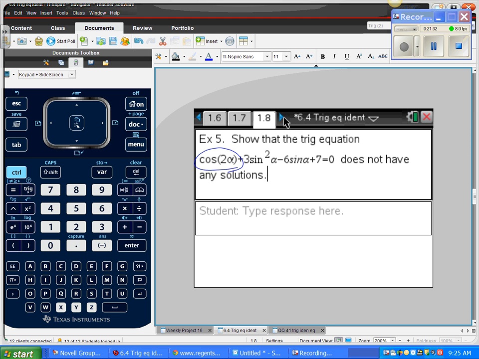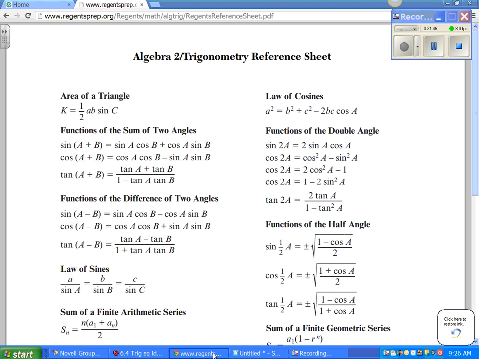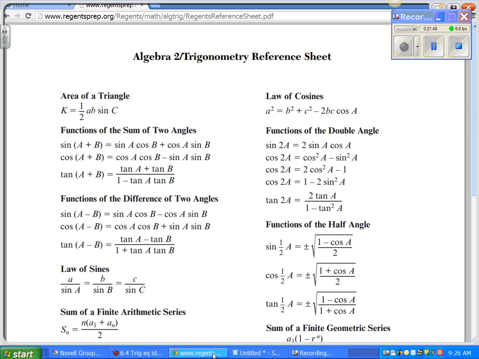Yeah, cosine of 2 alpha, right? That can be replaced. That's one of our identities. You're looking for identities. Now, how many options do we have for cosine of 2 alpha? I have 3. Which one am I going to want to use? Yeah, the one with sine, because I want everything up there to be in terms of sine. So 1 minus sine squared alpha.